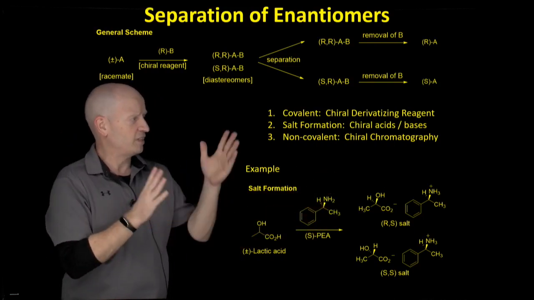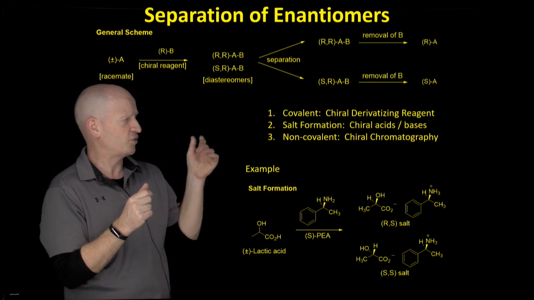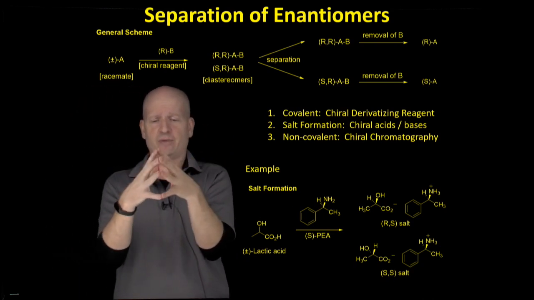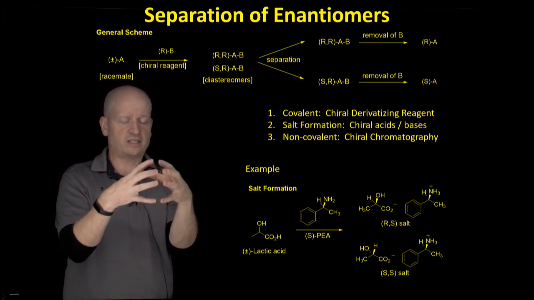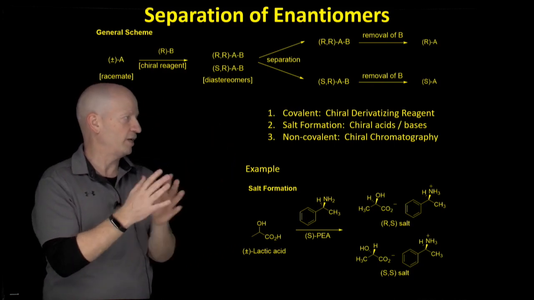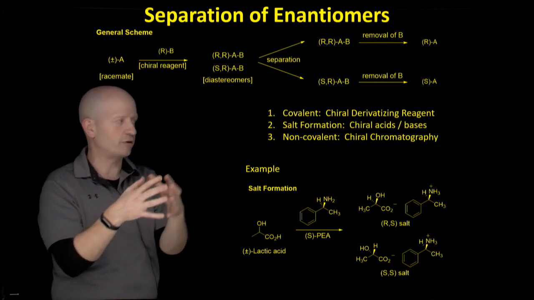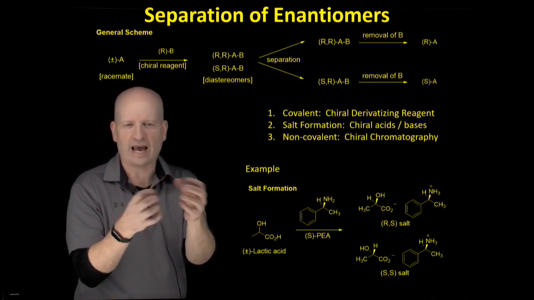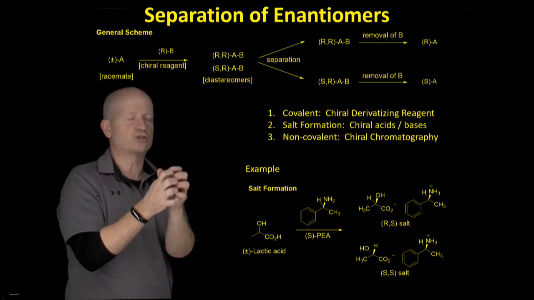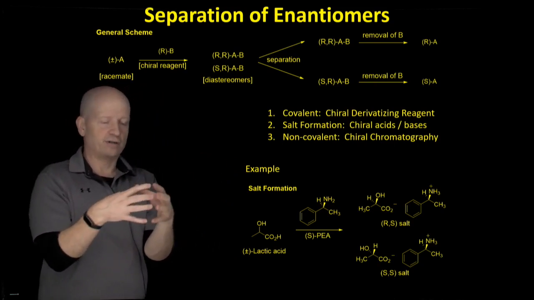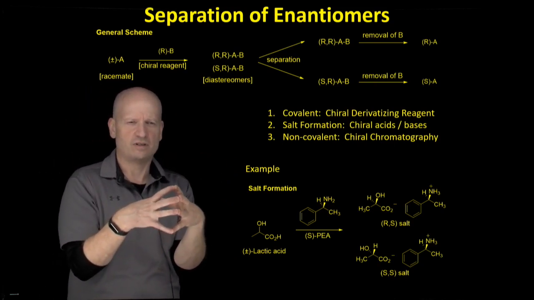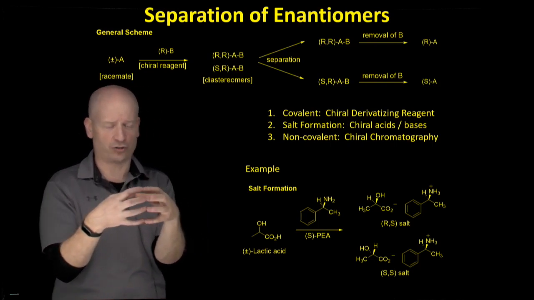And what we also need in this case for this scheme is some way to bring those two together. A and B have to be linked together, either in three ways: covalently linked together, or acid-base chemistry, we can make salts, or other types of non-covalent intermolecular interactions to hold these together.